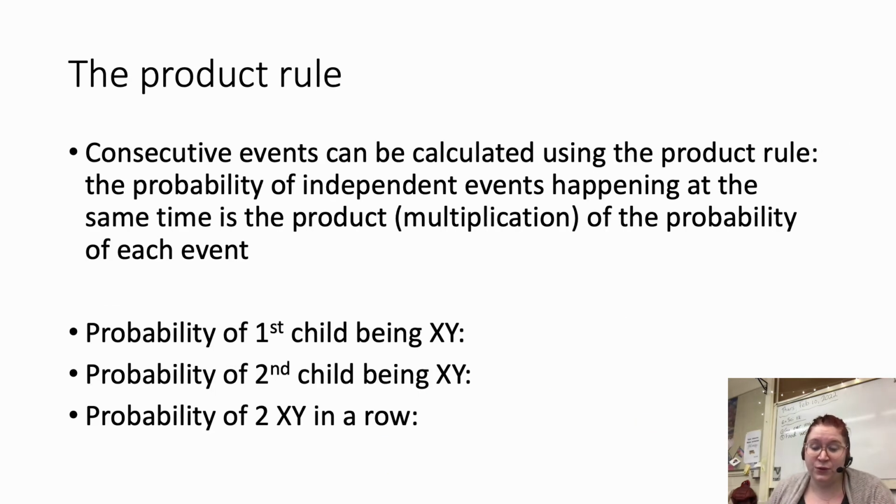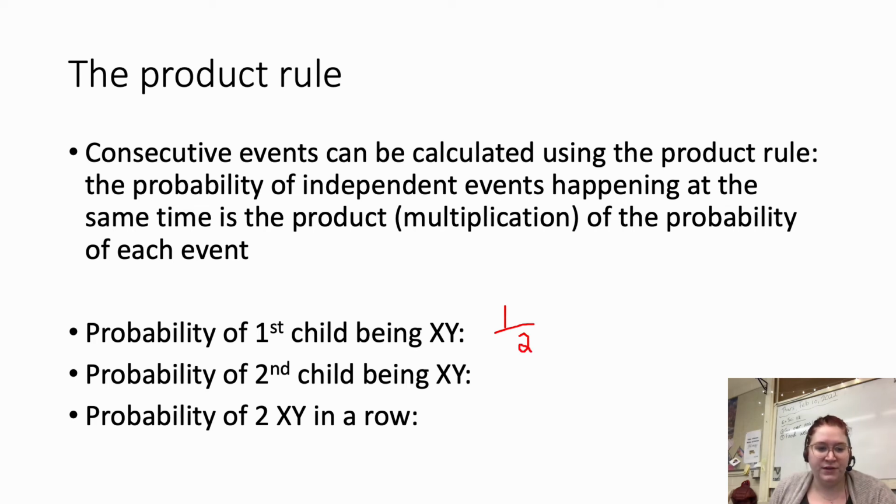A way of doing this without listing all the different options is called the product rule. So consecutive events can be calculated using the product rule. The probability of independent events happening at the same time is the product, which you get from multiplication, of the probability of each event. So the probability of the first child being XY is 1 in 2.